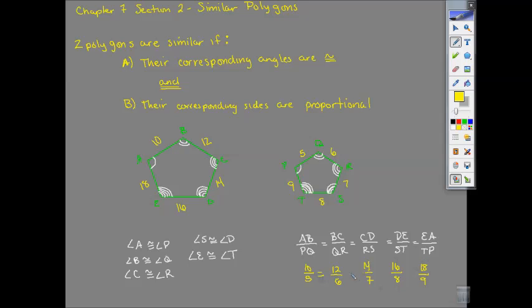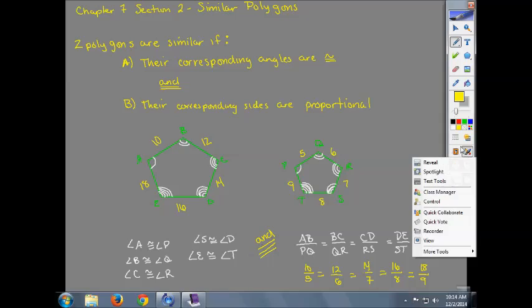So you can see the ratios are all the same. Even though they look different, they equal the same number. So you have to have both of these situations in order to be similar.